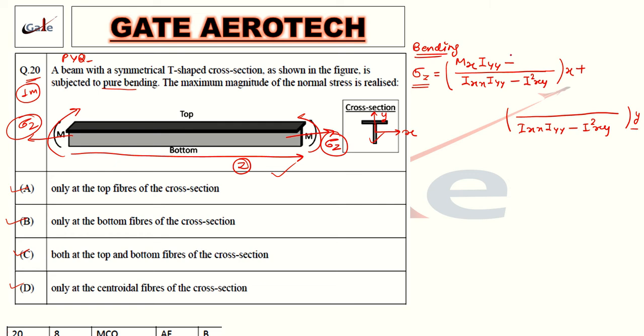Now Mx is completed, then you write My, and Ixy will come on both sides. Now for this term, y and x: you write x here, then the opposite moment of inertia, then Mx is completed, then you write My, and there will always be Ixy in both terms.